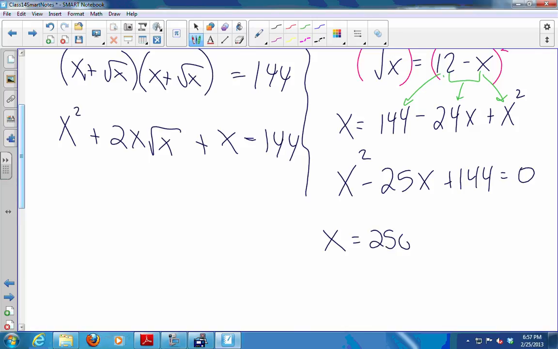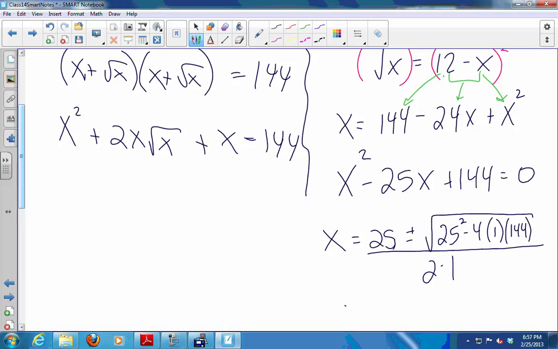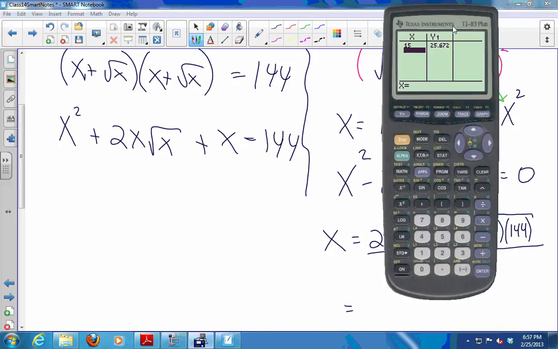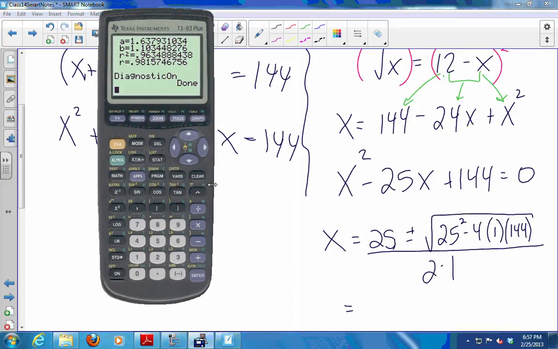Negative b plus or minus the square root of b squared minus 4 times a times c, all over 2a. Okay, so we've got 25 squared minus 4 times 1 times 144 is 49.